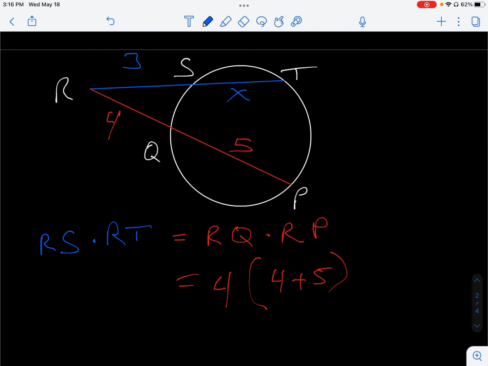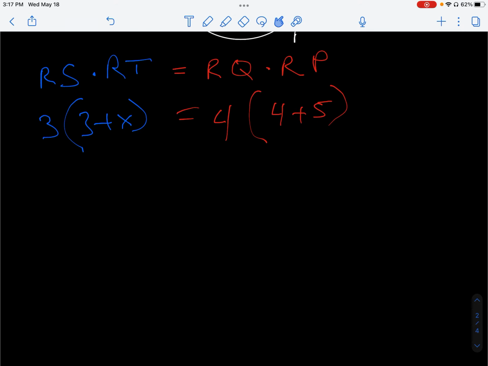So let's do the same thing for RT. Let's substitute. RS is 3 times 3 plus x. Give a little bit more room here. So 3 times 3 is 9, plus 3 times x is 3x.